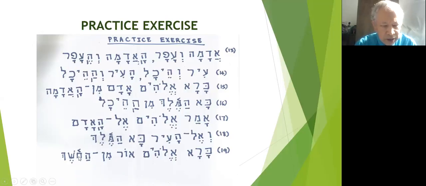Now, again, another grammatical rule says that just as how we have pathak under the a of the definite article when it comes before a noun that begins with a, so if it comes before a noun that begins with keth, because keth is also coarse and rough, it does not need any compensation for a lack of dagesh forte by lengthening the pathak to a kames, so the pathak can stay as it is. Translation, God created light from the darkness.